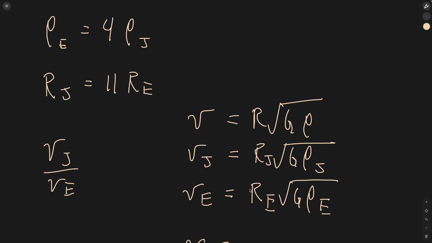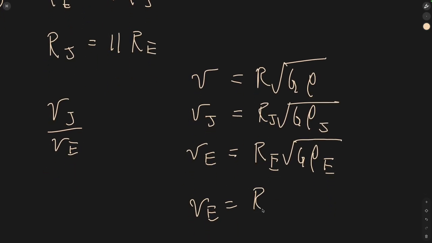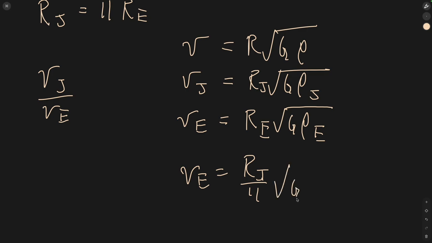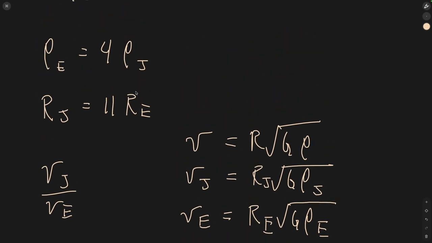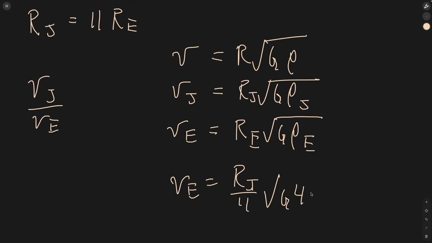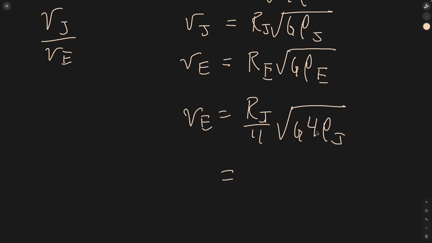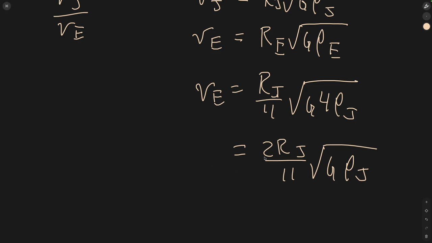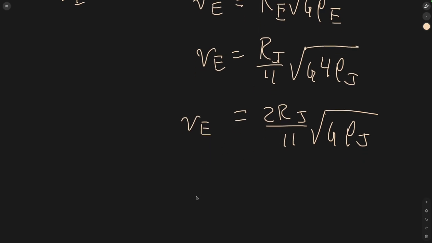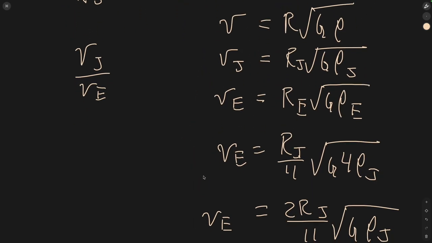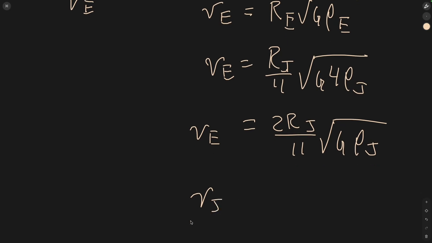So RE, what's RE? It's RJ over 11. Square root of G, and then rho E is 4 rho J. So this is going to be 2 RJ over 11 times the square root of G rho J. This is VE, right? So we want VJ over VE.